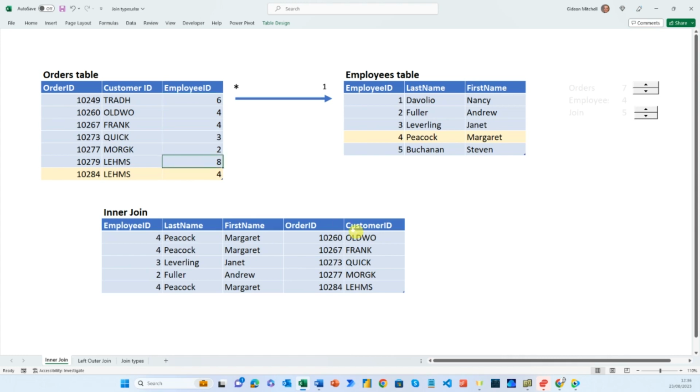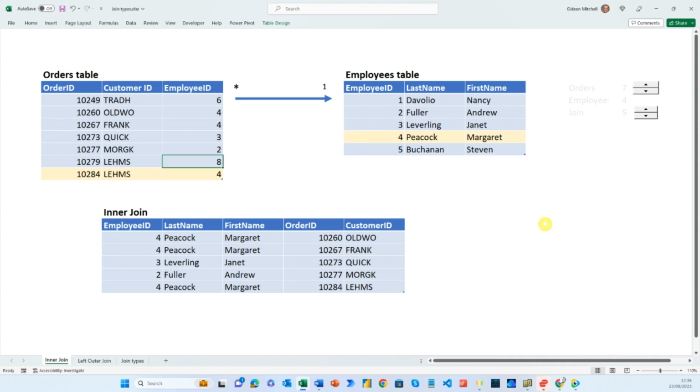And then if we have an employee ID of 8 noted down there, that's because that record came from a reseller we use. There's a particular reseller we use, and whenever they make a sale for us, we note down the employee ID of 8 to represent that. So it doesn't correspond to an employee, it corresponds to the reseller.